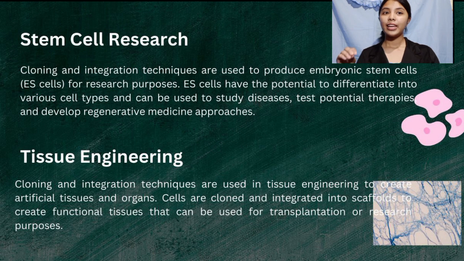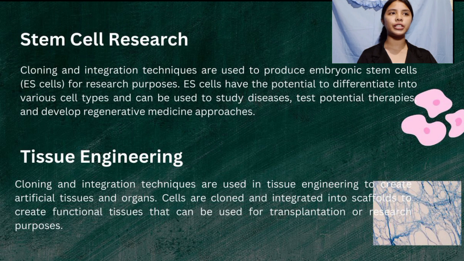So it will go back in time and transform into a stem cell. This process was pioneered by Japanese researchers and is used instead of embryonic stem cell research. So next is tissue engineering.